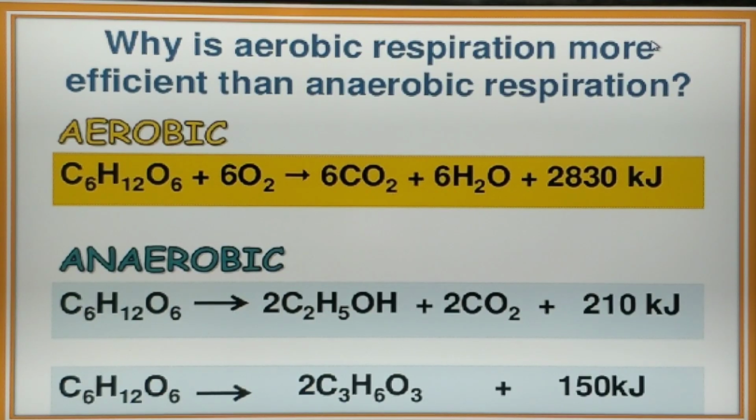Now, why is aerobic respiration more efficient than anaerobic respiration? Have you ever thought of it? In aerobic respiration, glucose is oxidized to give carbon dioxide, water plus 2830 kilojoule of energy. But in anaerobic respiration, glucose gets converted into ethyl alcohol, carbon dioxide and 210 kilojoule of energy is liberated.